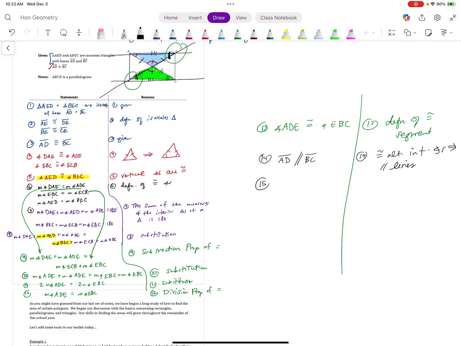I've said those two sides are parallel, and right here I said they're congruent. So now I know that ABCD is a parallelogram.